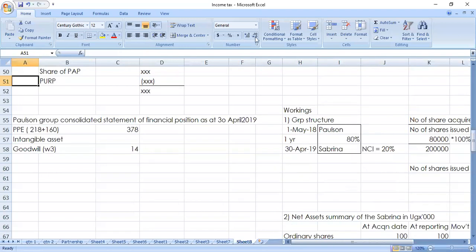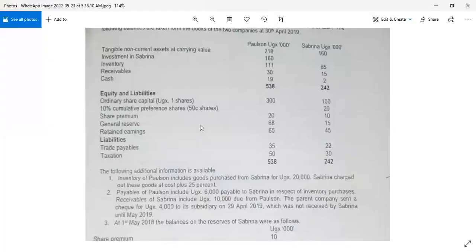Line by line. Okay. The next item is inventory. Allow me not to share this question again, since you have it. So just be putting the figures, and you can correct me if I feel I'm going wrong. So for inventory, we have 111 plus 65.